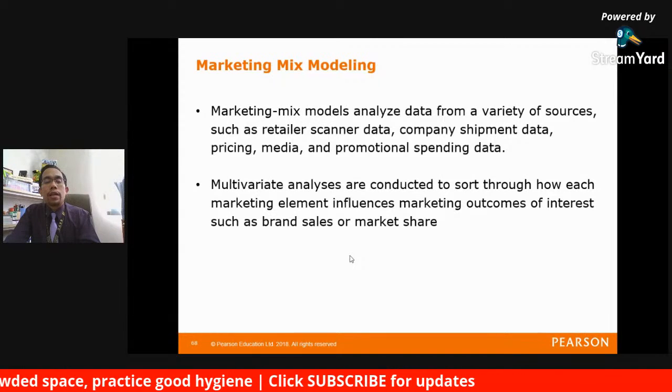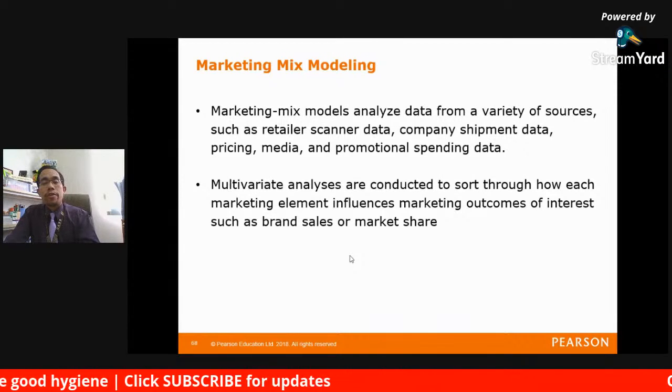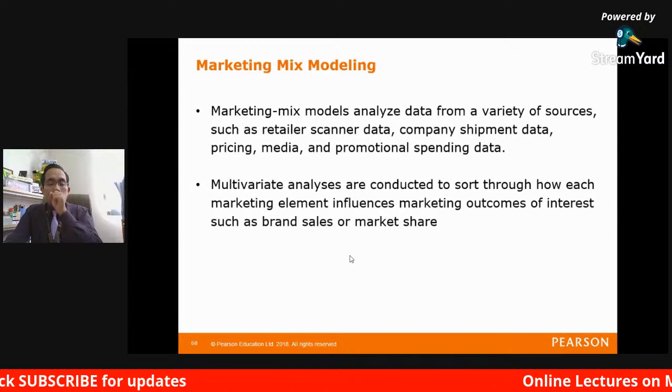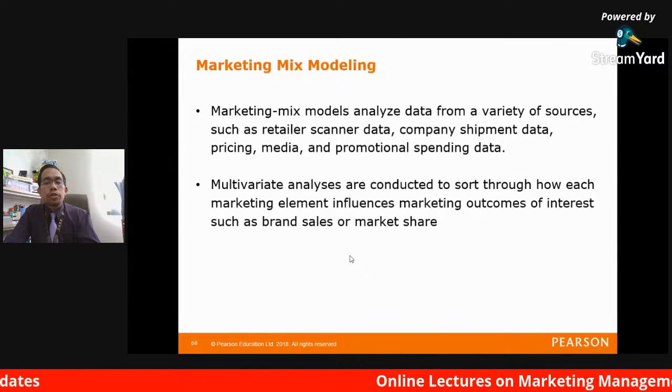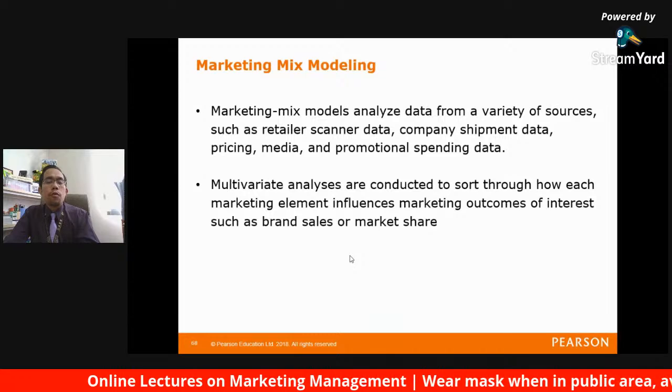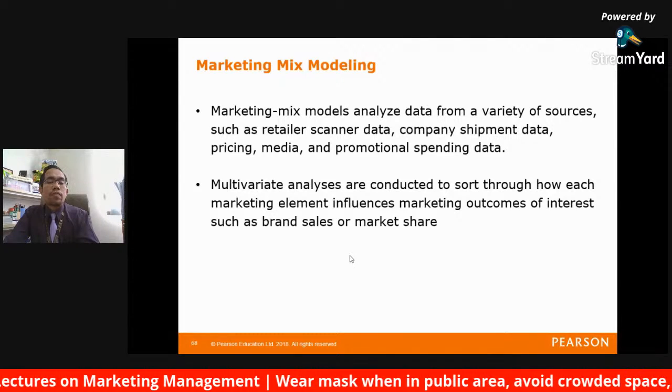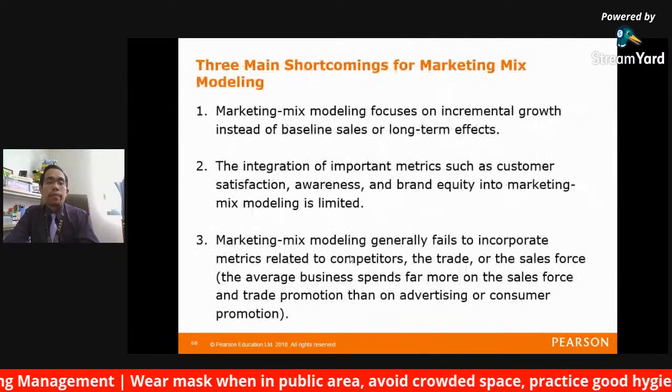The analysis is conducted to sort through how each marketing element influences marketing outcomes of interest such as brand sales or market share.